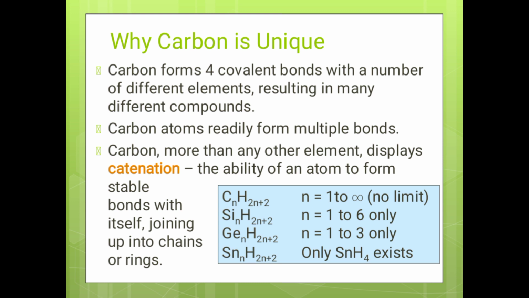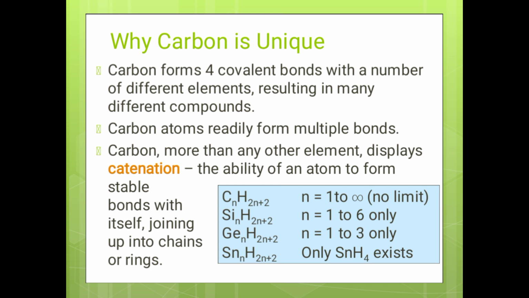And look at it, carbon can produce a long carbon chain like this, and so also it has the potential to form something like this. This is a branch, so carbon can form branching. So also carbon has the ability to produce a ring or straight chain. So all this is under catenation.